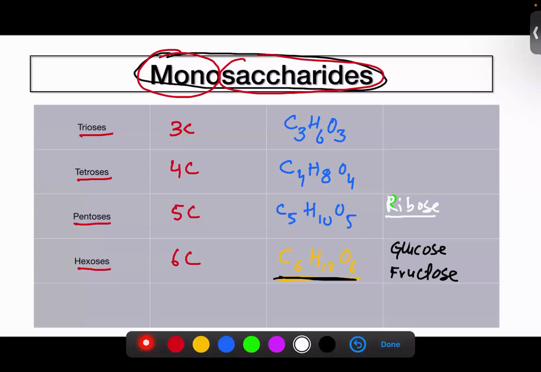But we'll not discuss the structure of pentoses or ribose in detail, as it is not included in our syllabus. We have examples of trioses that we'll discuss in some other parts of the syllabus, but not their structures actually. The structures of glucose and fructose are in our syllabus, and that's what we'll discuss in detail.